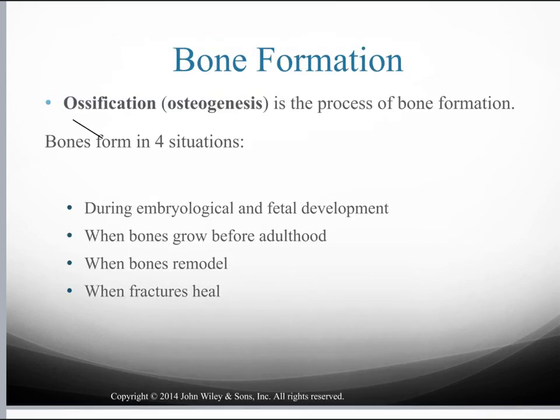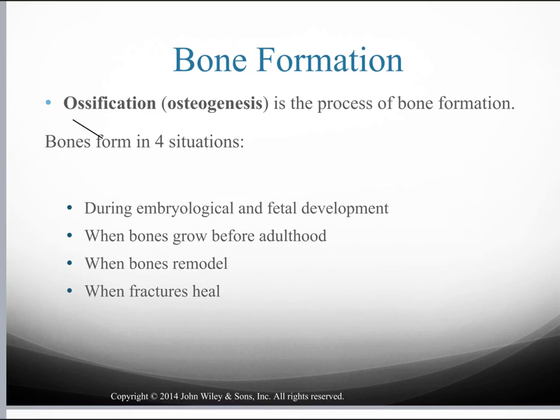This almost brings us full circle to the formation of bone. So we're talking about ossification or osteogenesis, so bone creation, right? So there's 4 ideal situations for which bone will form. So obviously during embryological and fetal development, so in utero, when you're growing inside your mother's belly, your bones are going to be laid down and form.